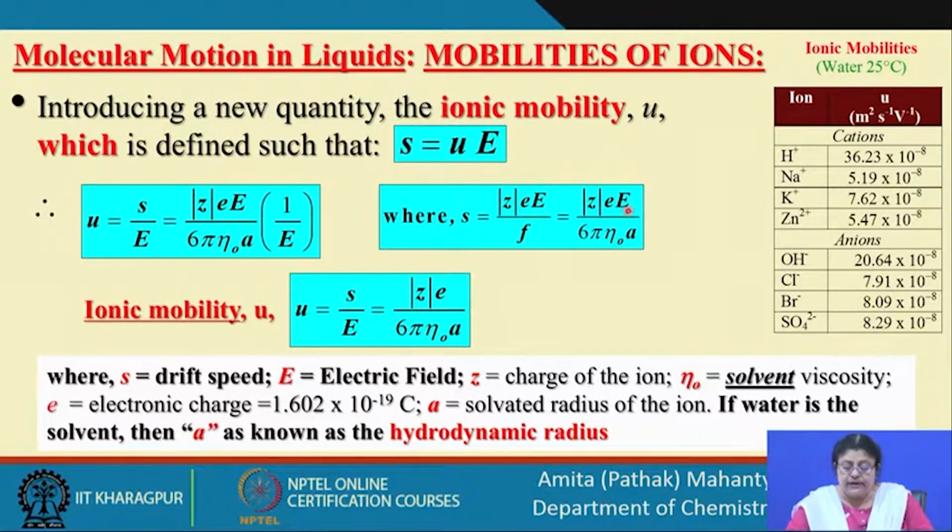If I have a fixed value of the electric field applied, then the drift speed S is going to depend directly on the charge number and inversely on the hydrated or solvated radius of the ions, and inversely on the viscosity of the solvent.